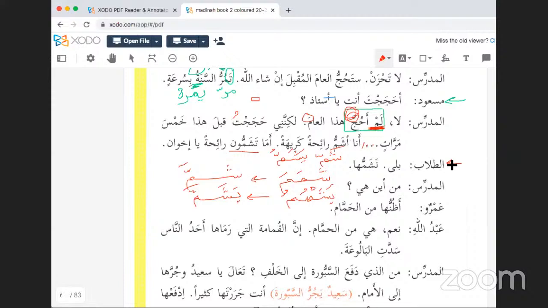Ama tashammuna ra'ihatan? Ama tashammuna? So a negative question will get a positive answer to affirm. Otherwise, you'll say bala, to agree with what the person said. This is different to English.